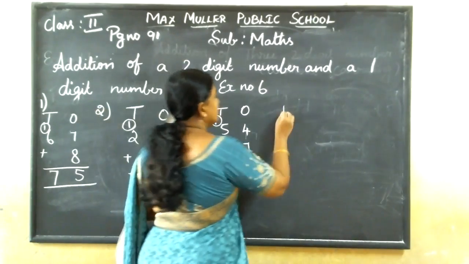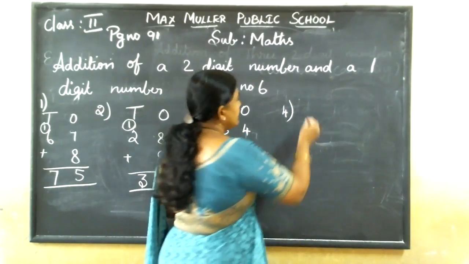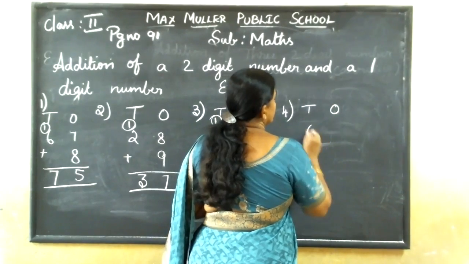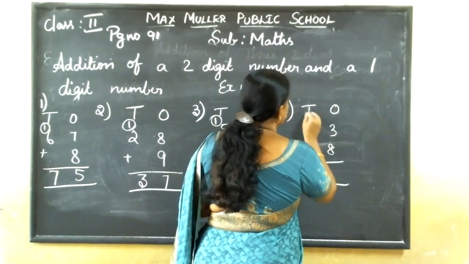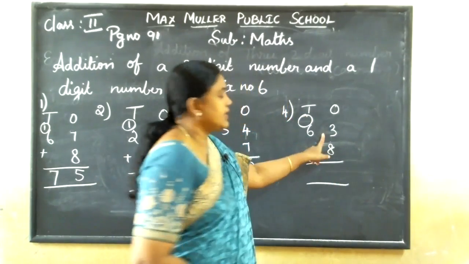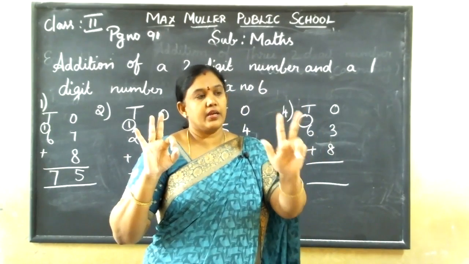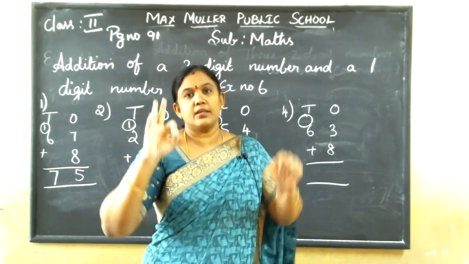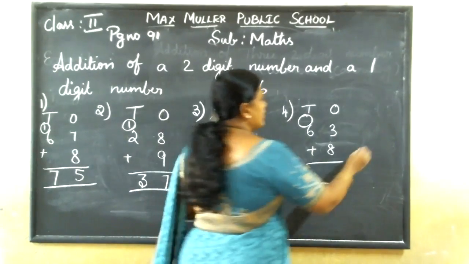Fourth one, 63 plus 8. 3 in the mind, 8 on the fingers. After 3: 4, 5, 6, 7, 8, 9, 10, 11. 11.